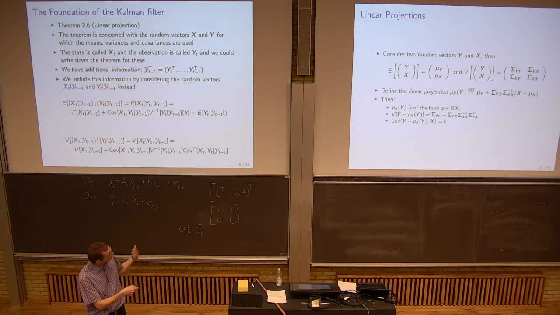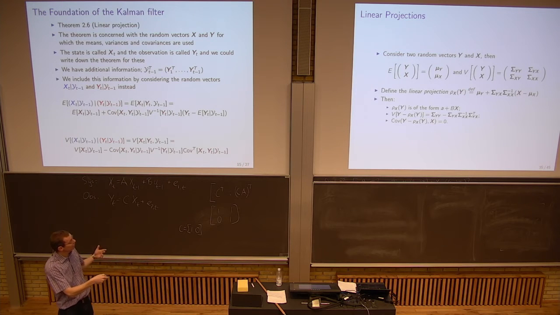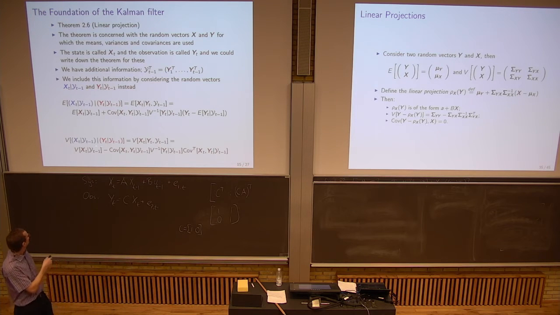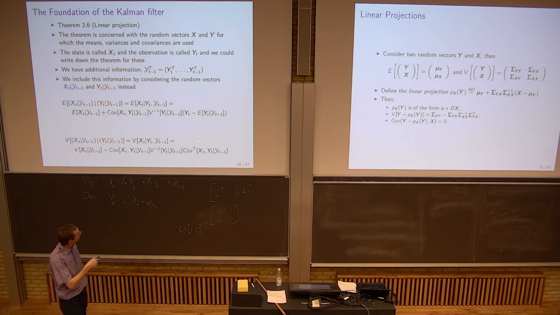For this update that we do here of reconstruction, the variance of x given y and all the previous y's is equal to the variance of x given only the previous y's, minus the covariance between x and y given all the previous y's, then the inverse of the variance of y, and then the covariance matrix of x comma y.